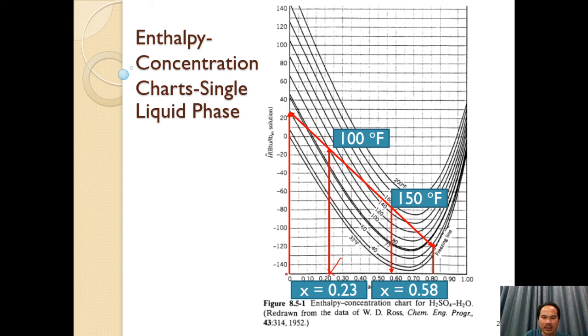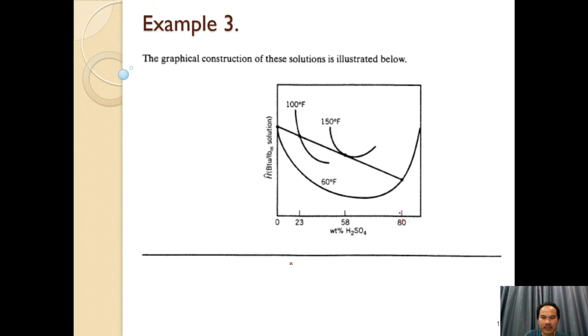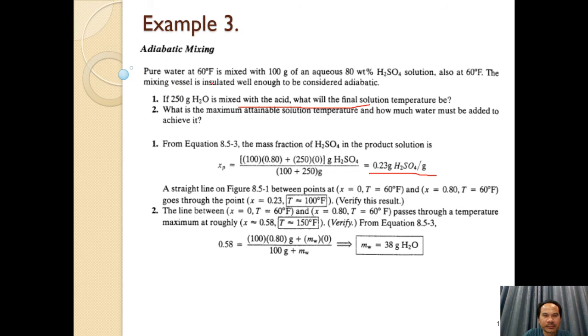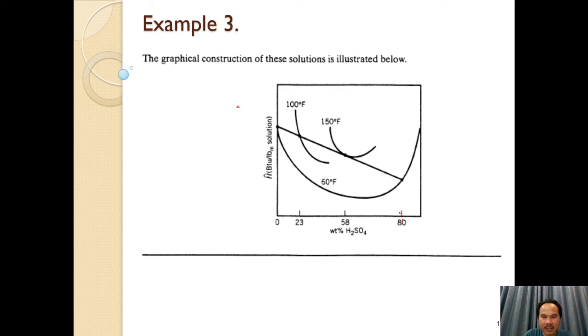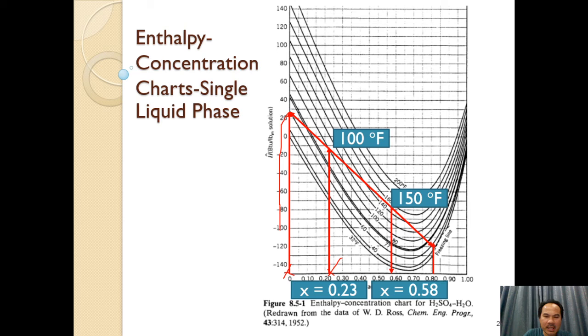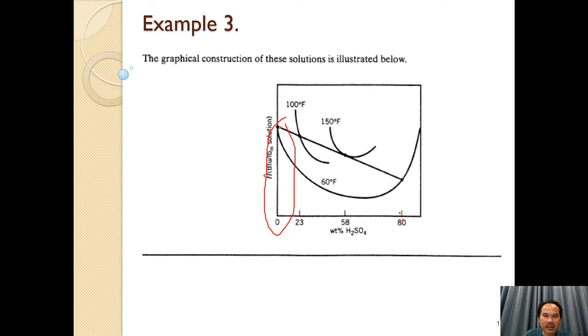For 0 is pure water at 60 Fahrenheit. That's right. This is the line of pure water, 60 Fahrenheit. For this case, this line is 0 sulfuric acid. This means pure water. This means S from pure water.